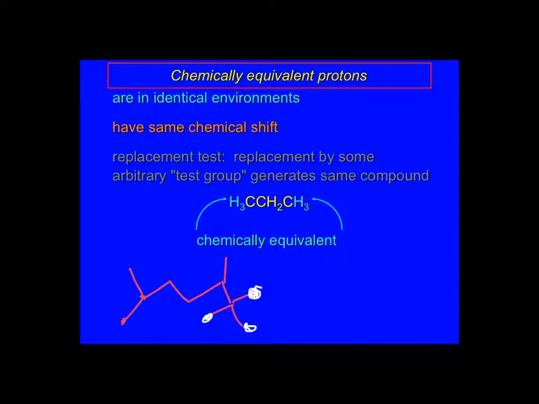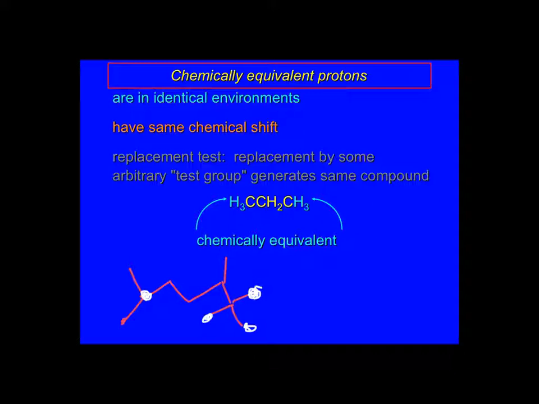Okay, so then if we look at this carbon, how many hydrogens does it have on it, first of all? 1. And are there any other hydrogens that are chemically equivalent to that one?